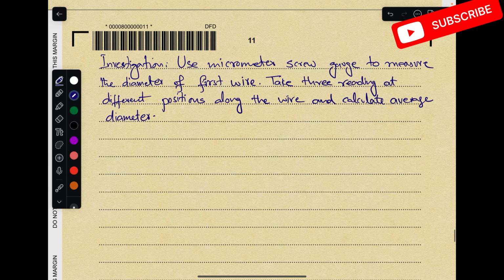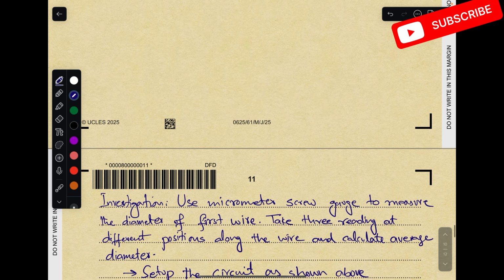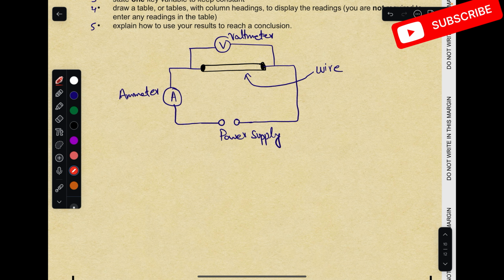Then you have to write down, set up the circuit as shown above. We have missed one thing in the circuit. There should be a switch here. This is a switch.